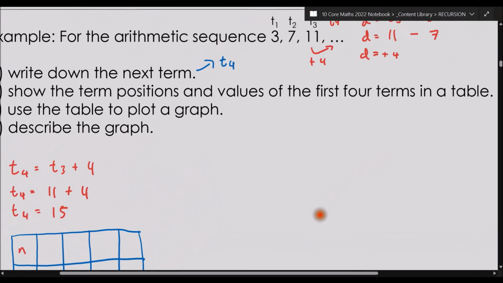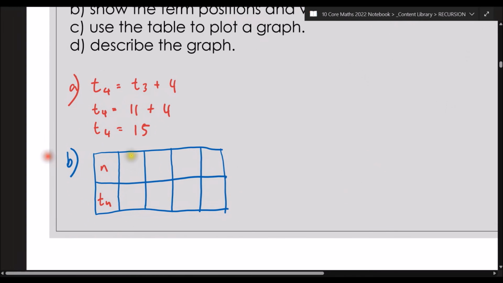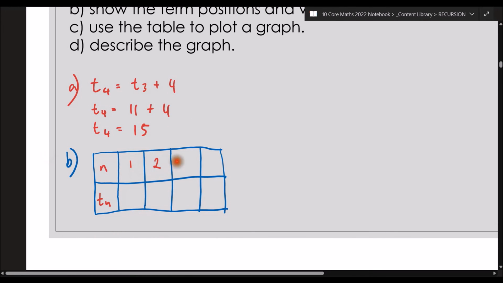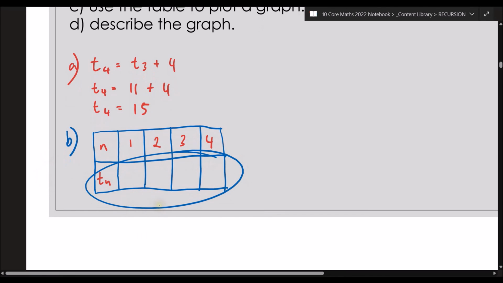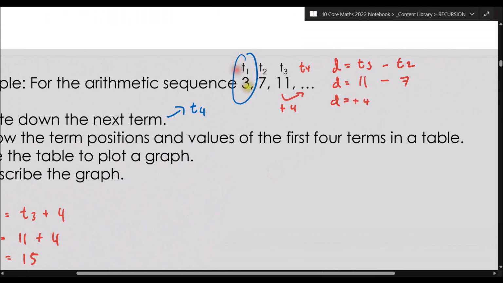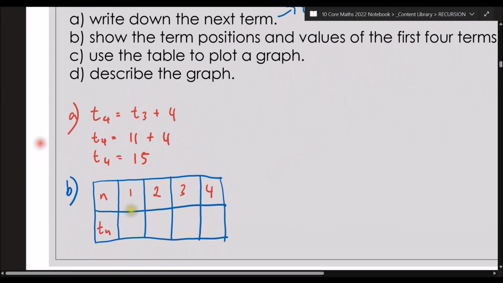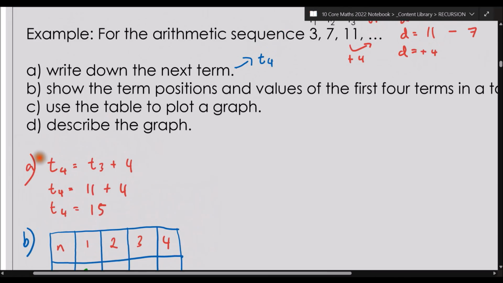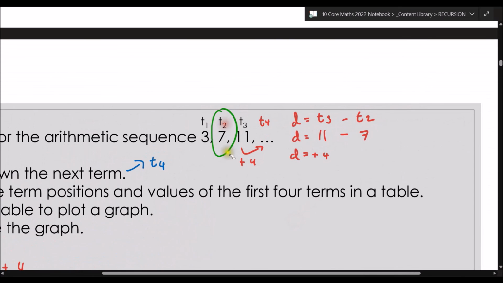So you've got 4 numbers for now, yeah? So you're going to write 1, 2, 3, 4. Then down here on the bottom is the value of those numbers. The first number, T1, was 3, so write down 3. I'll use green. Second number is 7.